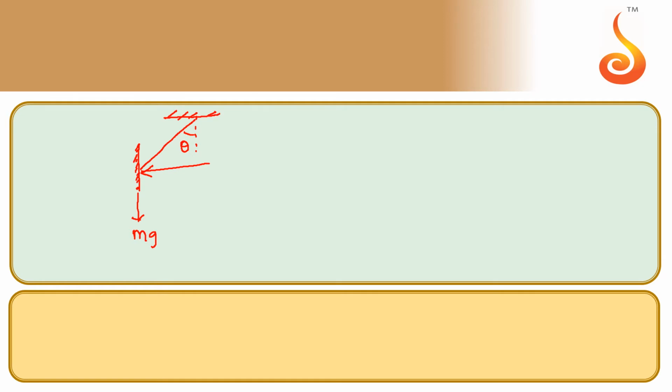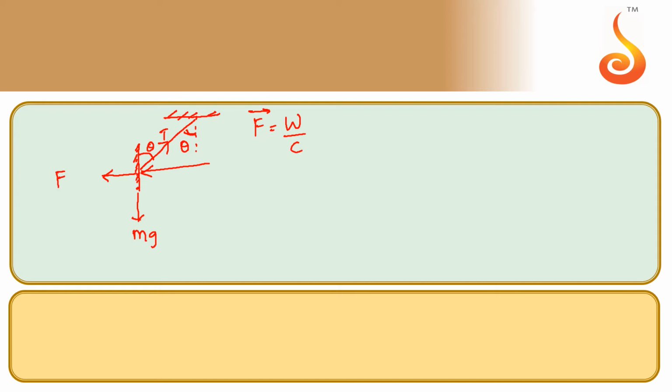That means the light applies a force F in this direction and there will be tension in the string in this direction. If this angle is theta, then this is also theta, and the force exerted by the light on the strip is equal to W by C.